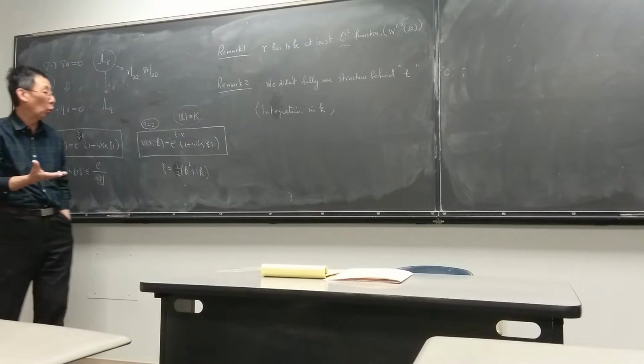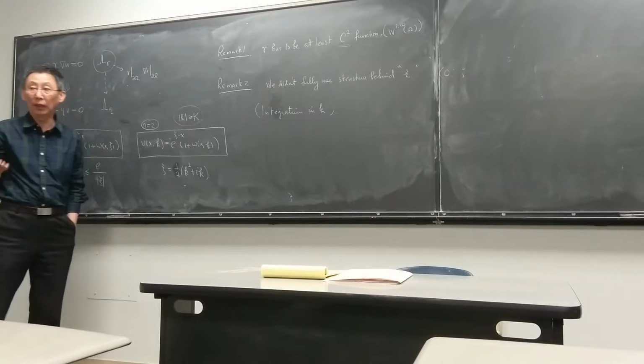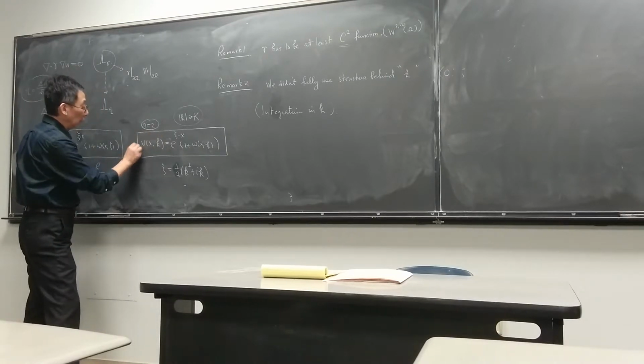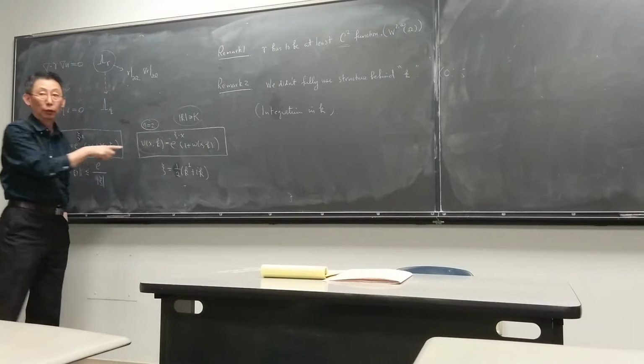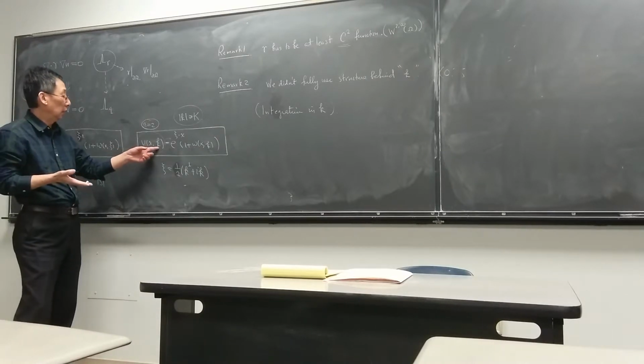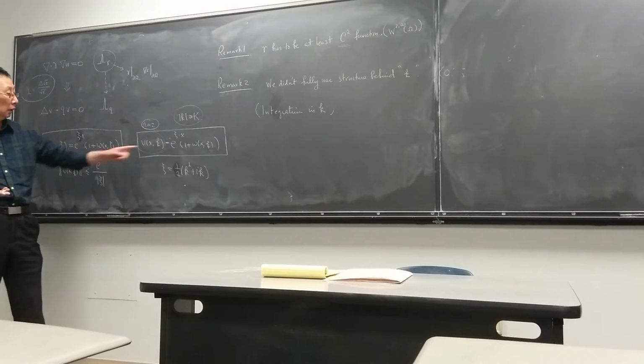For instance, what exactly does it mean to have a better way to understand this? That means you have to think about this as a function of K. For instance, you freeze the X variable, then you think about this as just a function of K. And this function may be differentiable in K. Maybe this function itself satisfies some differential equations in the K variables.